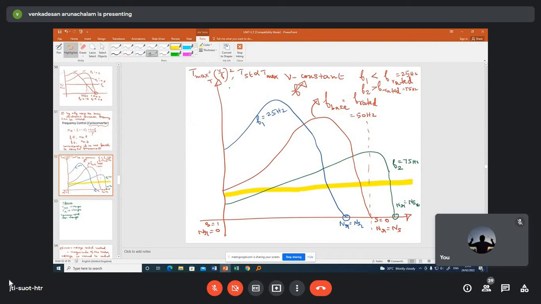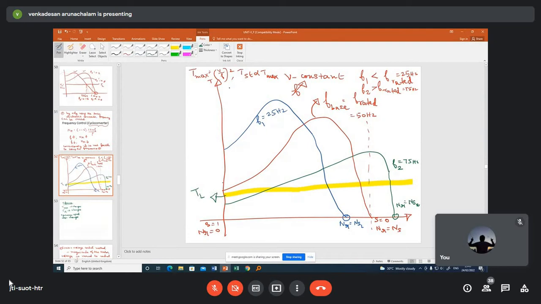This is the torque speed characteristics of the load. I am assuming the load torque constant for understanding purpose.